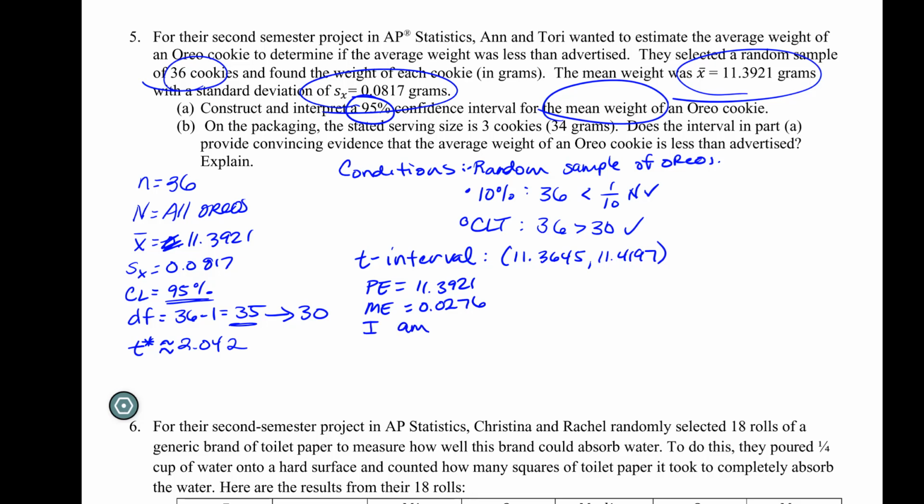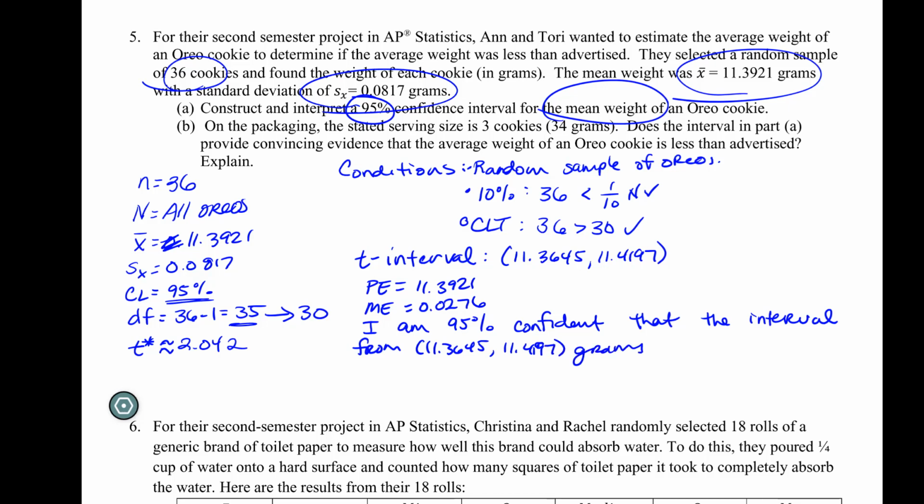And this is that I am 95% confident statement. It's been a little while since we've done this, but let's remember: I am 95% confident that the interval from 11.3645 to 11.4197 grams captures what?